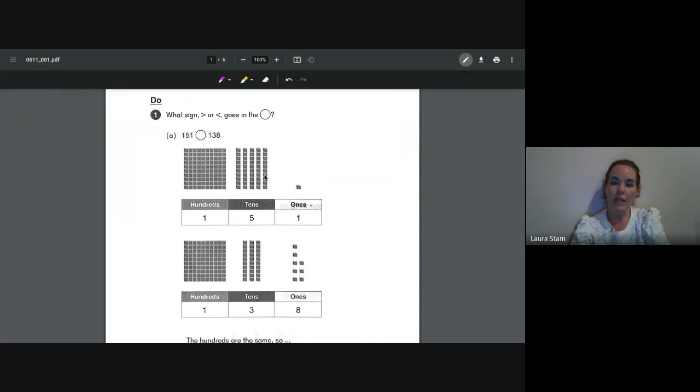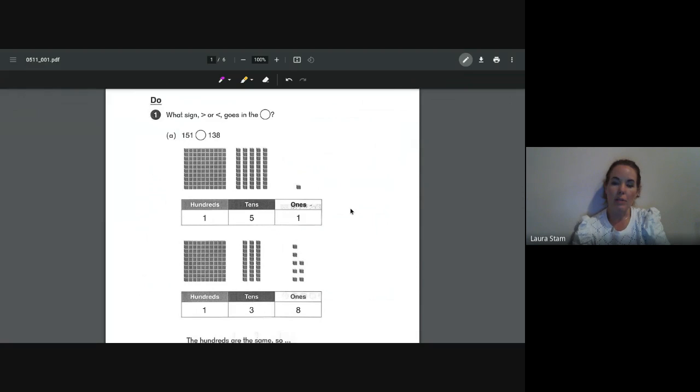We have 5 tens and a 1 to represent this first number, 151. We also have it in our hundreds chart. Then down here we have our 100. We have 3 of these tens, 8 of these 1 blocks, and we've also written it here in our hundreds chart, 100, 3 tens, and 8 ones.